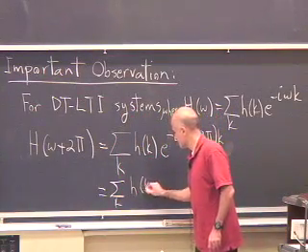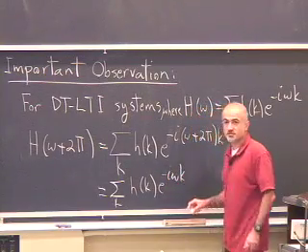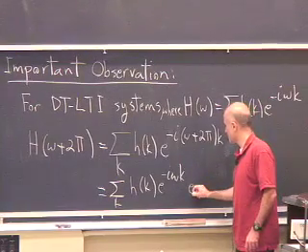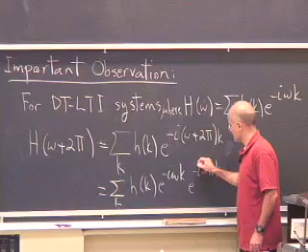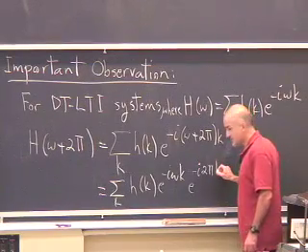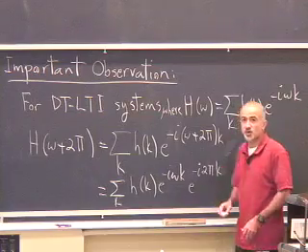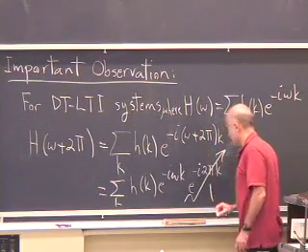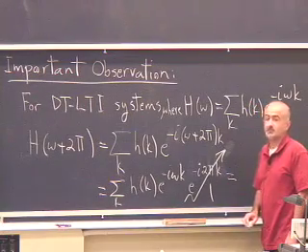H[k] e to negative I omega k. So far it looks just like before. Two pi k. K is an integer, so e to the negative I 2 pi k is what, people? 1. Thank you. And what's left? H of omega.